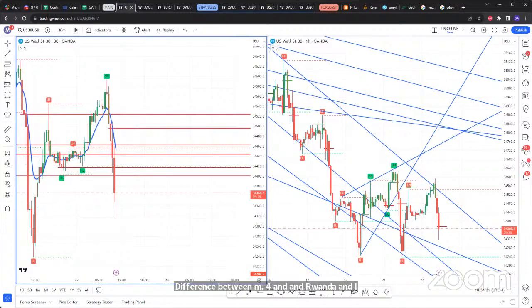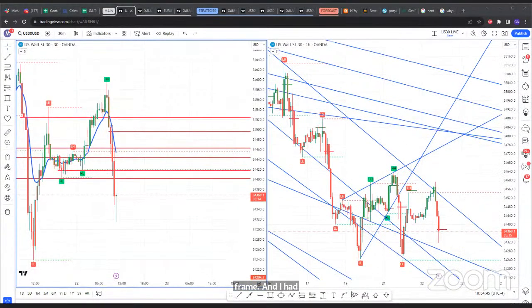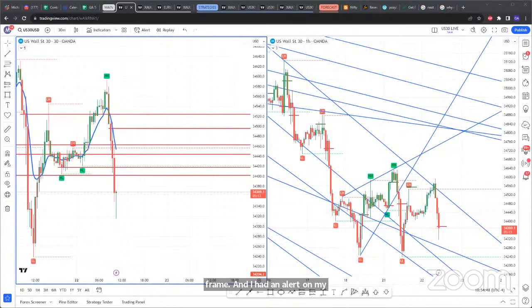That's why, like last week on the live session, we took a trade together on the 5 minute time frame, and I had an alert on my Oanda screen telling me that the trade was already at break even.